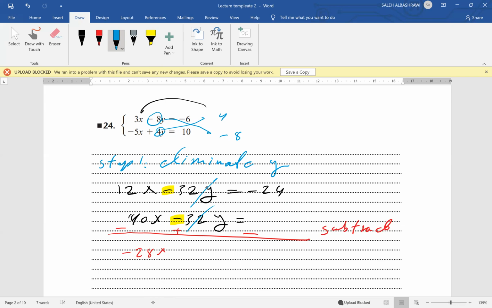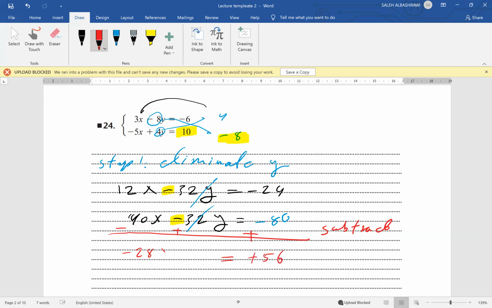Not 10, this should be minus 80. So this will be plus now. Because we multiplied minus 8 and 10, I get minus 80. Change the sign, it is plus 80. Minus 24 will give me plus 56.